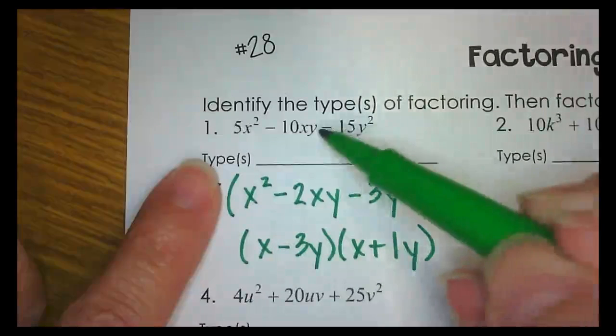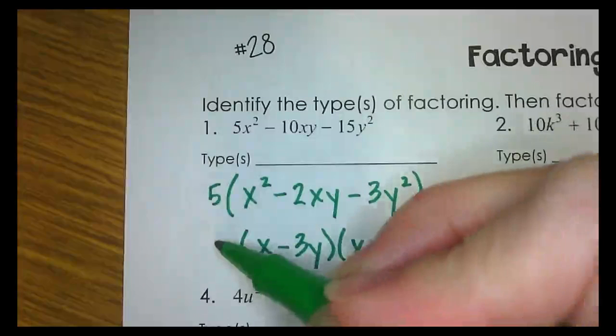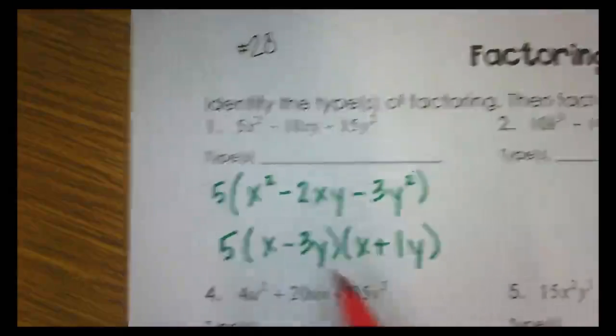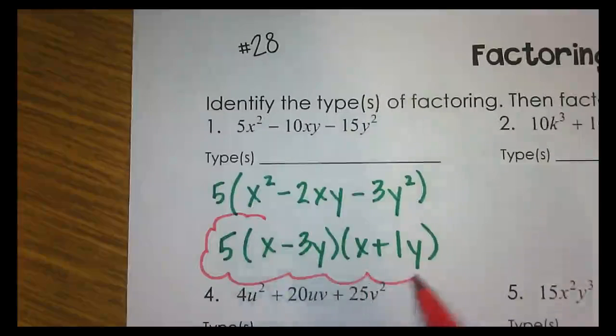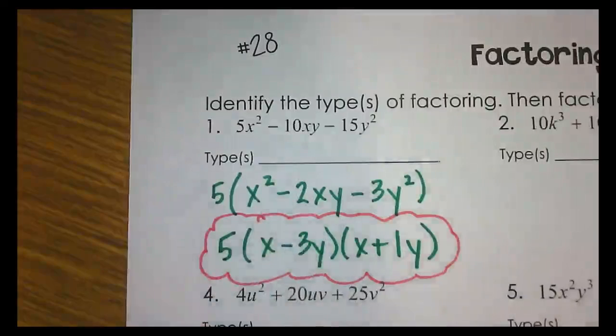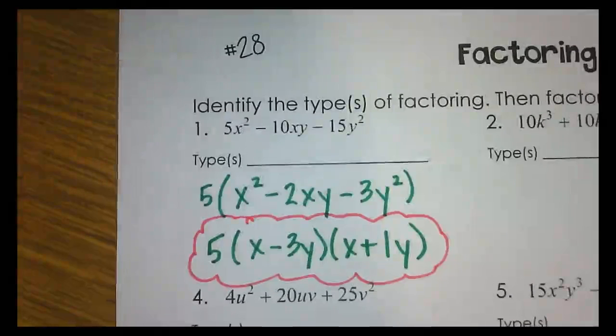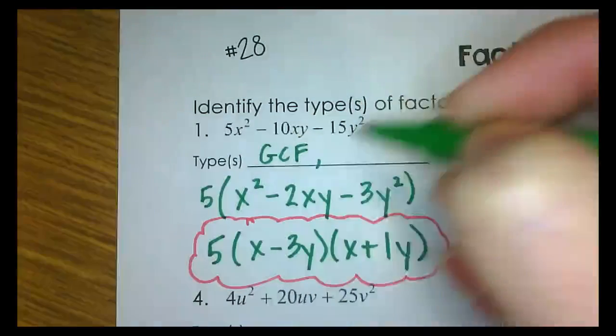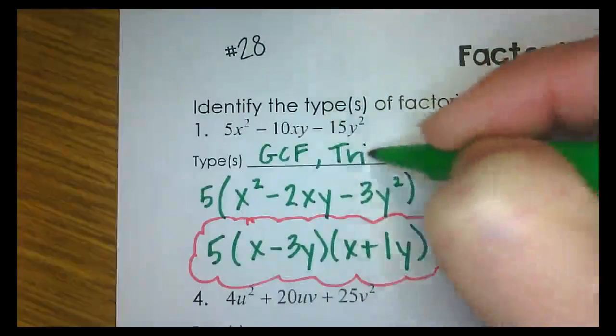I won't get this unless I include that 5. So in the end, this is our answer. And if I multiply everything back together, I will get the original problem. So what I did in this was GCF and a trinomial.